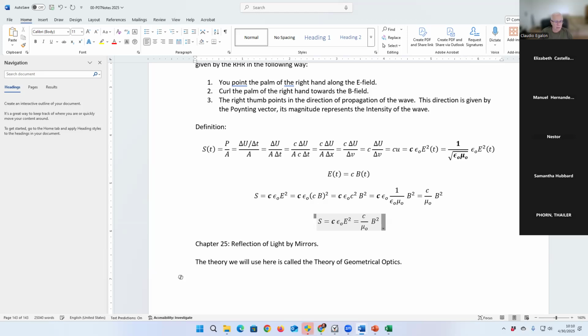In geometrical optics, we represent the light as light rays. The light ray is represented by an arrow, just like we did for the Poynting vector.